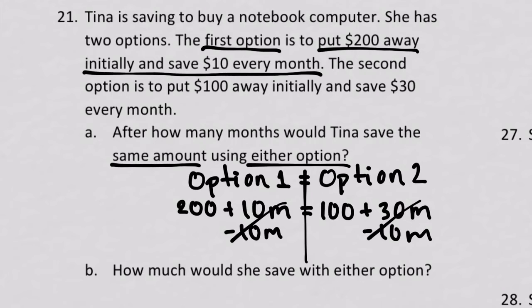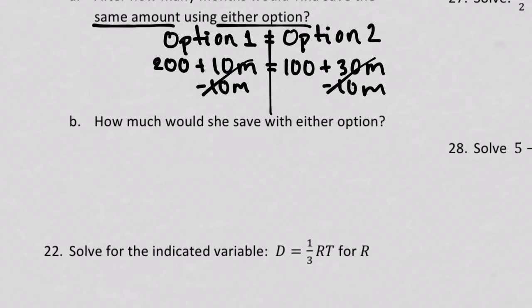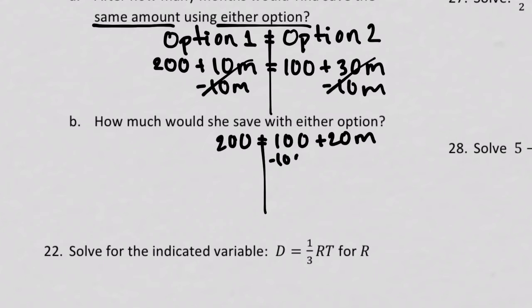I'll just continue working here. This is going to be 200 on the left side is equal to 100 plus 20m. And now I isolate the m by subtracting 100 from both sides, which leaves me with 100 on the left side and 20m on the right side.